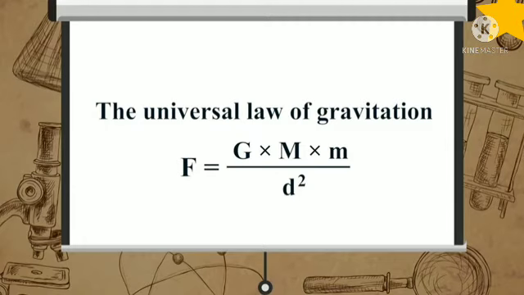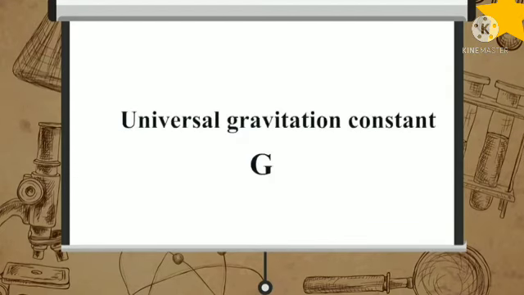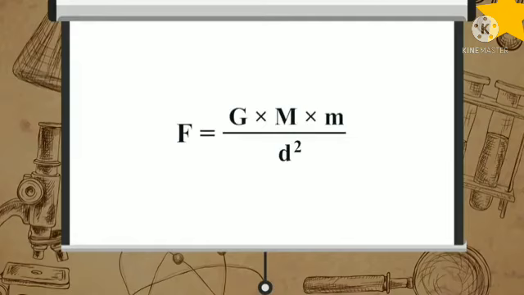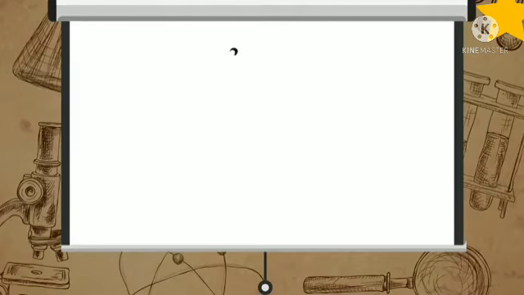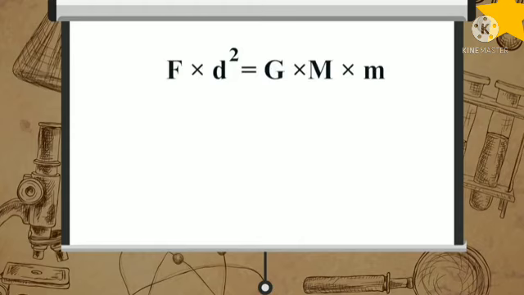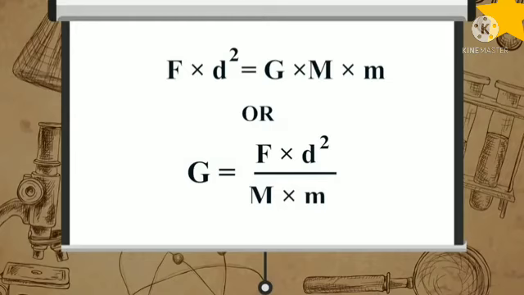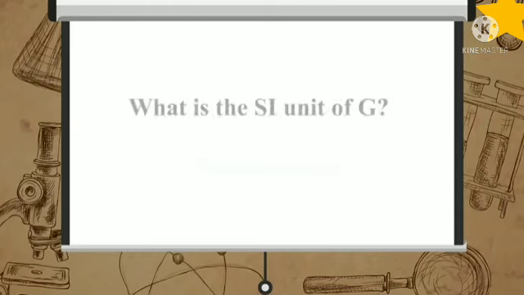Now we are going to see the universal gravitation constant. How do we get the G value from this equation? We keep F into d squared is equal to G into m1 m2, or G is equal to F into d squared divided by m1 m2. So what is the SI unit of G?